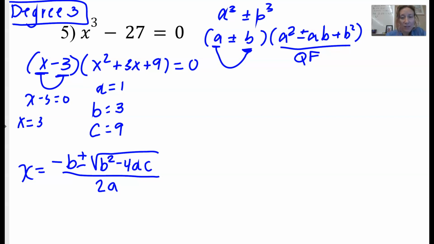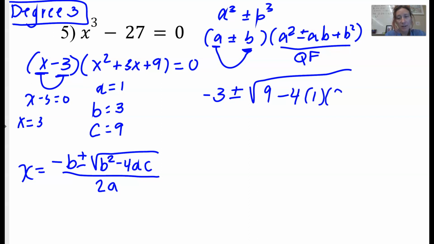So I've got negative b, so it's going to be negative 3 plus or minus. Then I always square b, so that's going to be 3 squared, 9, minus 4 times 1 times 9, all divided by 2 times a, so just 2. In this case, I multiply 4 times 9 times 1, and I get 36.